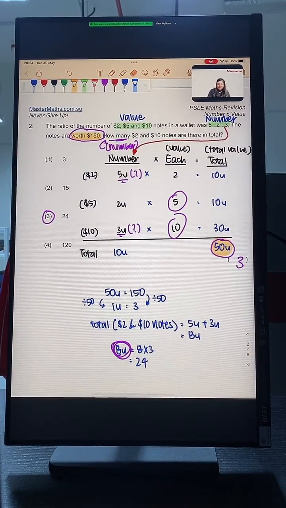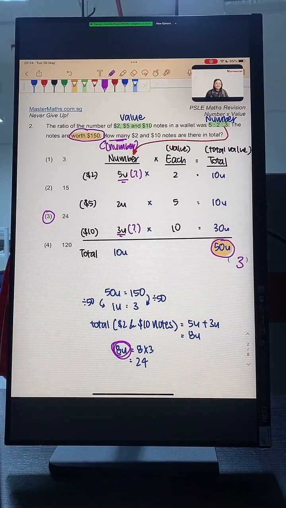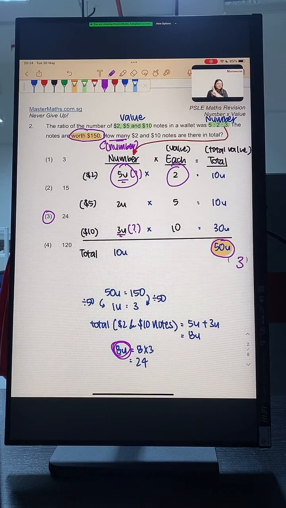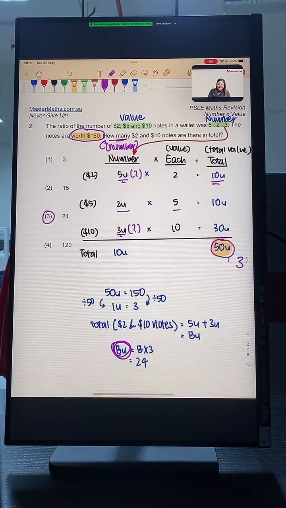Then to find the total value, I just multiply number times value. The number of notes is 5 units. The value of each is $2. So I have 5 units of it, which gives us 10 units worth. Similarly for the rest, 2 units times 5 gives us 10 units again, and 3 units times 10 gives us 30 units.